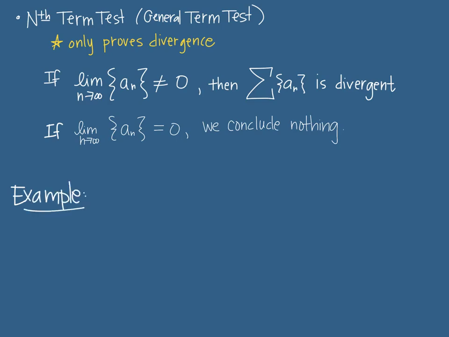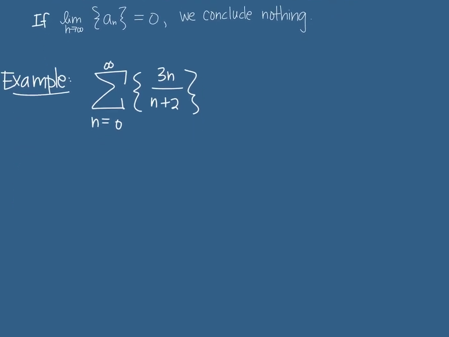Okay, these are not geometric series. If they were, we would do the geometric series test, but they're not. So here we go. The sum, starting at 0, going to infinity, of the general term 3^n over n plus 2. So this is for arithmetic sequences?